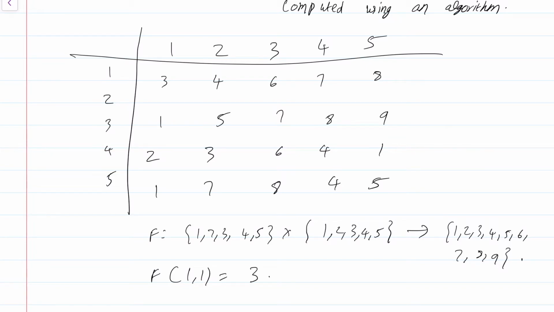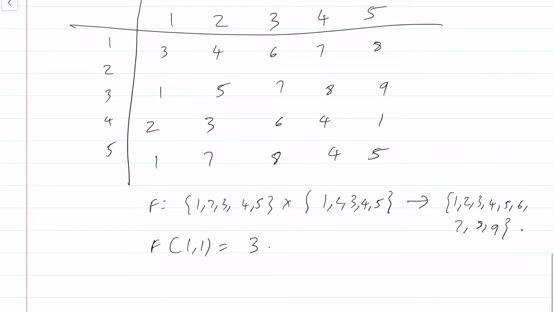You notice there is an abuse of notation happening. An abuse of notation is when you do not use the full correct notation for the sake of brevity. Here, technically, I should be writing f of 1 comma 1 equal to 3. That's the way functional notation was defined.